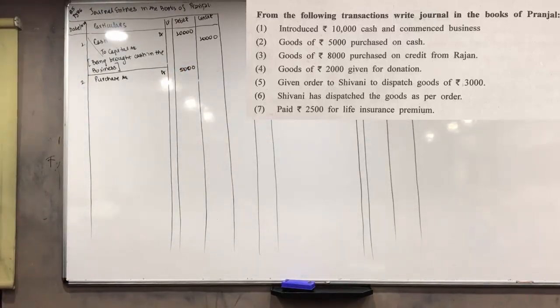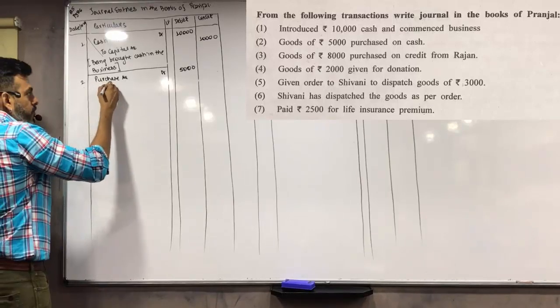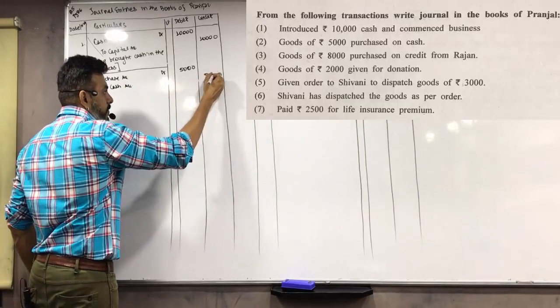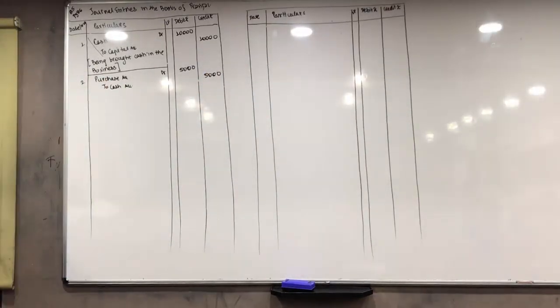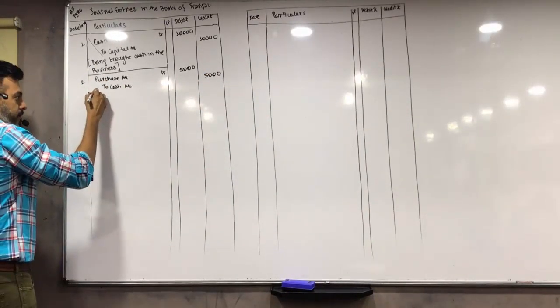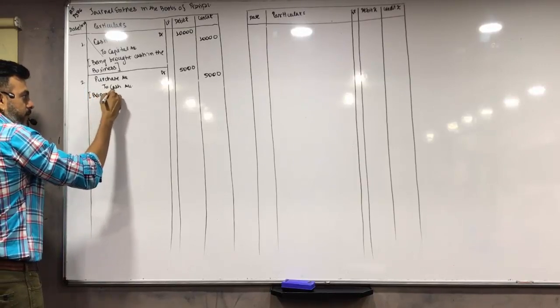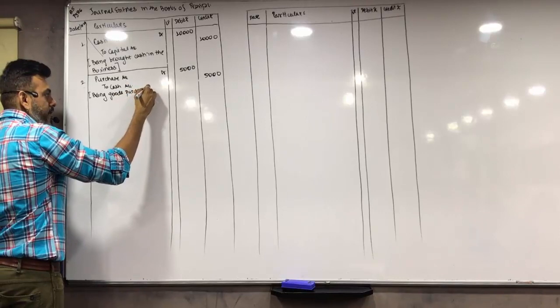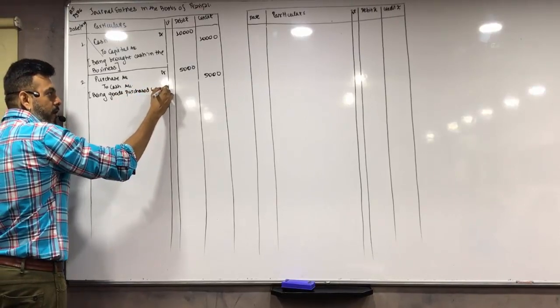What goes out? Cash goes out. So to cash account. Write the narration: being goods purchased for cash.